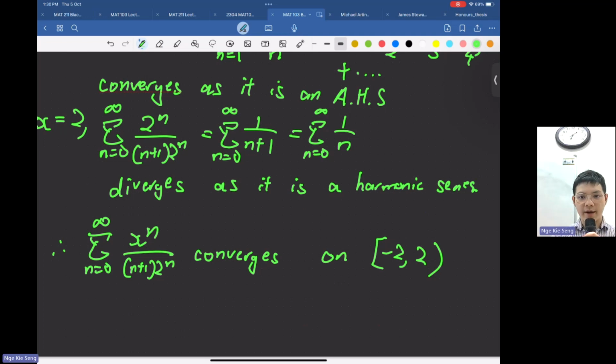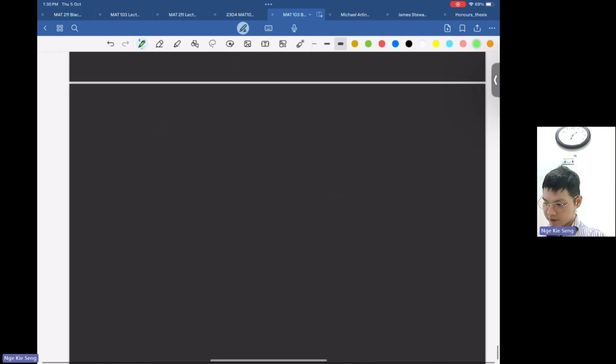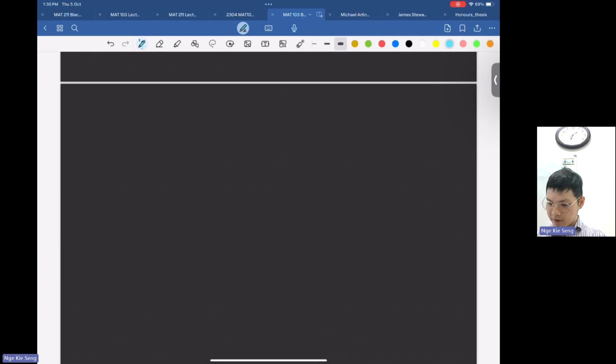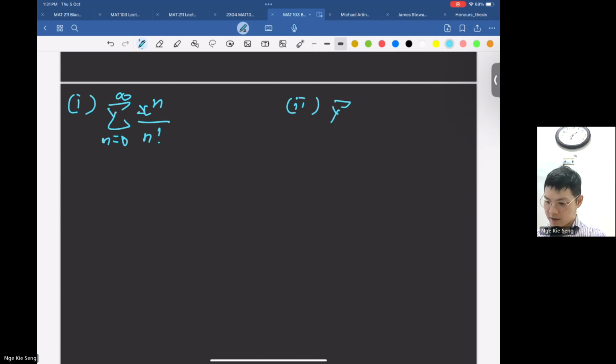How about I let you try two examples, to have a hands-on experience. The first example is to check the following: x^n over n factorial. The other one is n factorial times x^n.